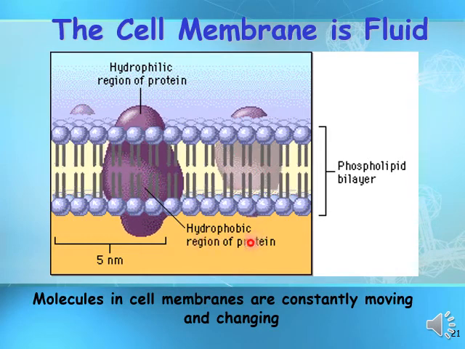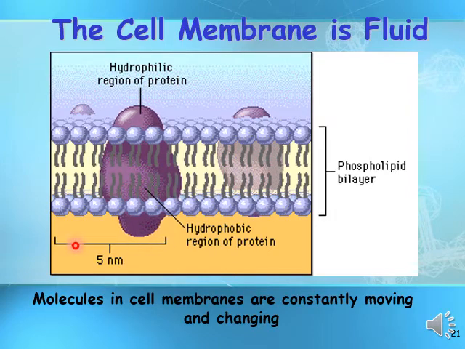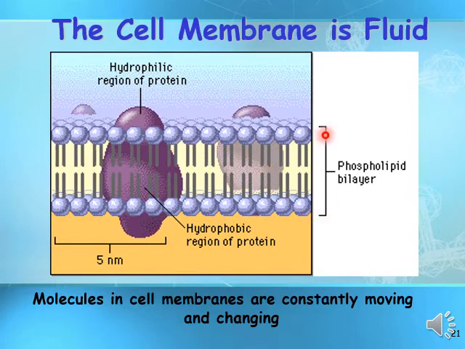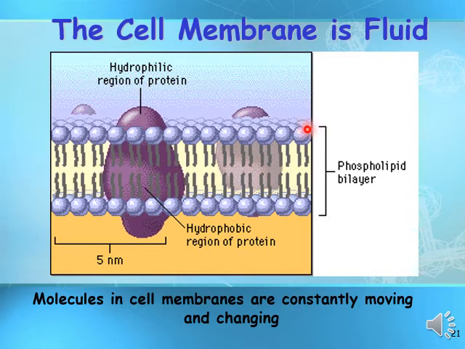This is the hydrophobic region of the protein. This area is mentioned as 5 nanometers long. And this is the phospholipid bilayer. These are the polar heads, and these are the non-polar tails.